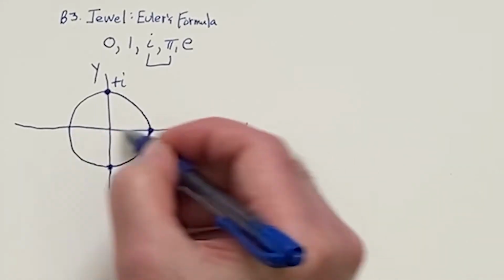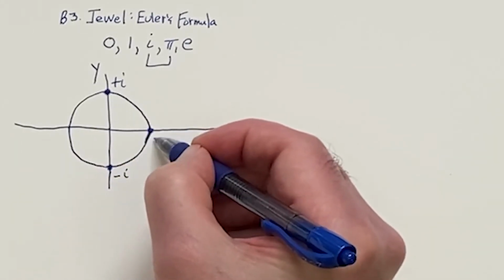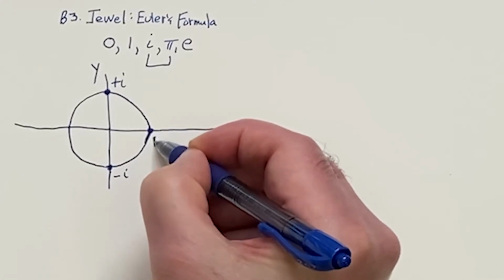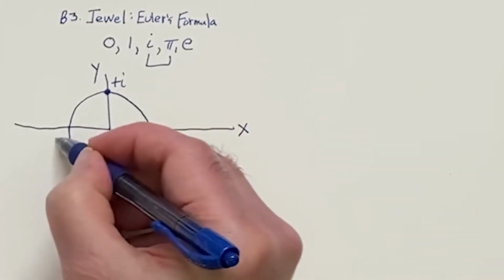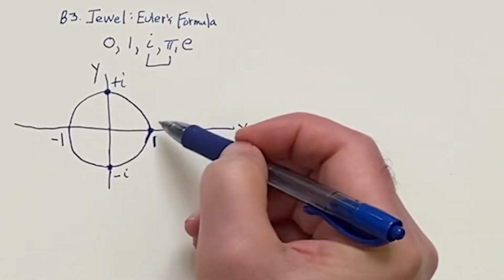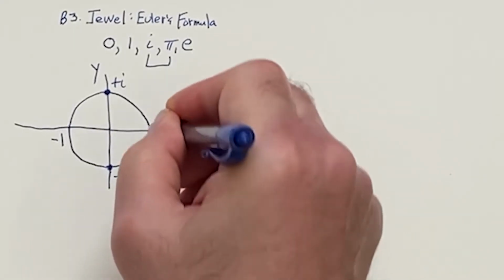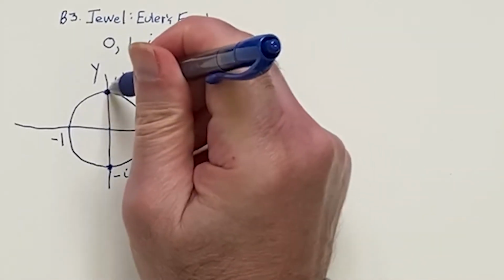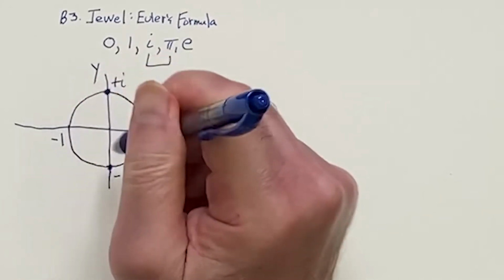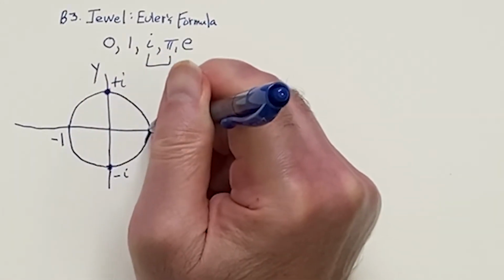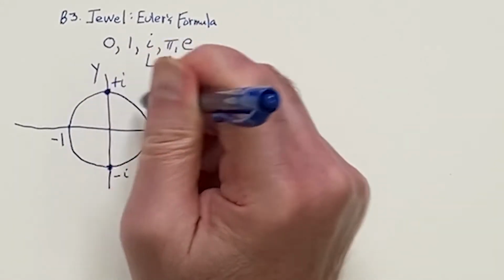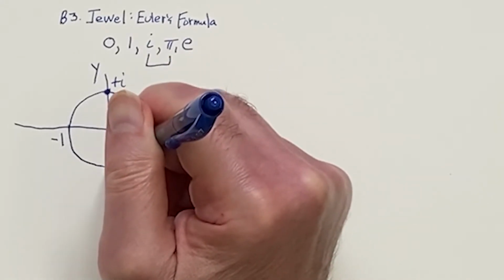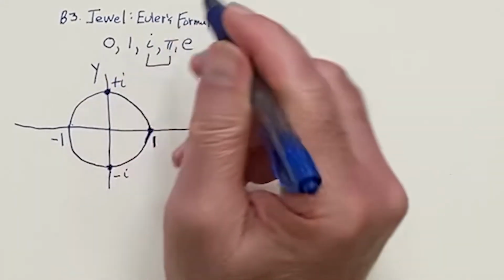And here, since y is 0, x is 1, and here x is minus 1. So the 1 is this point, i is that point, minus 1 is that point, and minus i is that point. That's your left face multiplied by i, right face multiplied by minus i, about face multiplied by minus 1.